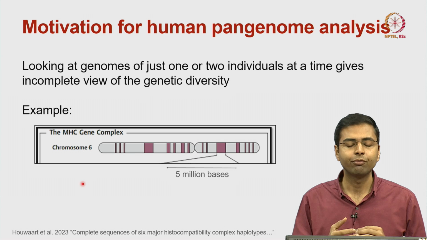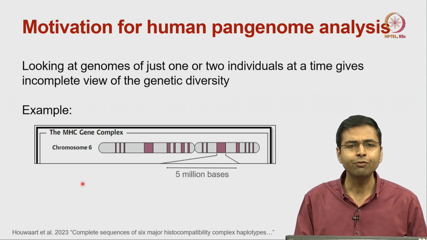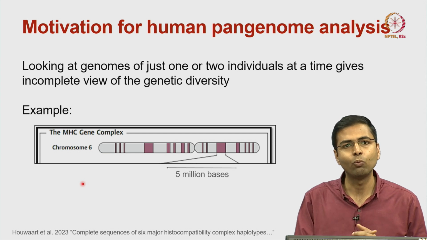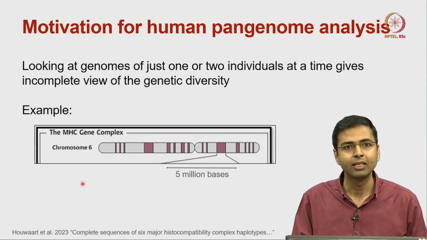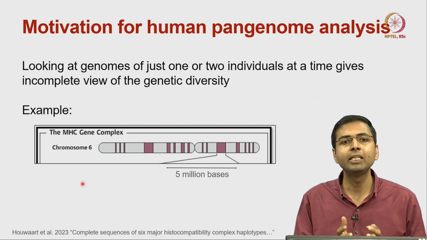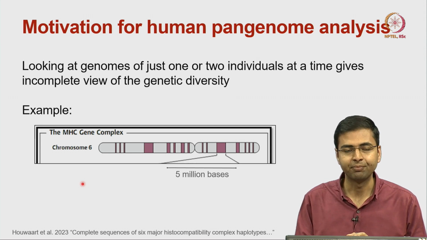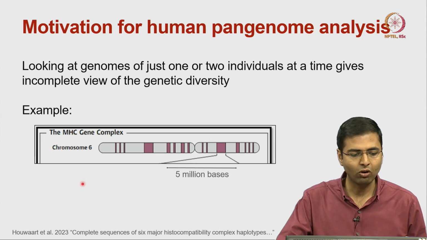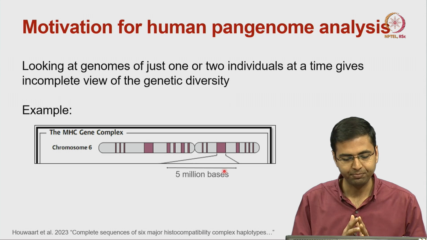Now, specifically for humans, the motivation for this pangenome analysis comes from the fact that if we just look at the genome sequences of 1 or 2 individuals at a time, then that gives us an incomplete view of the genetic diversity. For example, let us say we focus on a specific region of chromosome 6 of human genomes. This is the MHC, the major histocompatibility complex region of chromosome 6, and it is approximately 5 million characters in length.